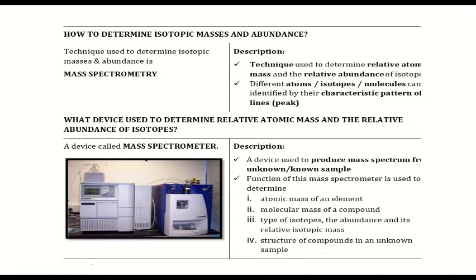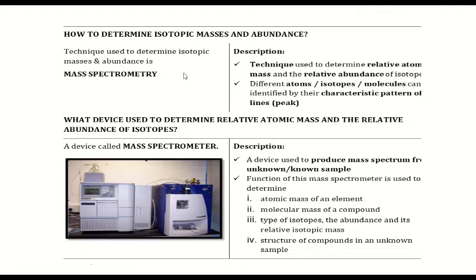Okay, sebelum ini Madam ada beritahu untuk klorin kita ada dua jenis isotop, iaitu isotop 35 klorin dan juga isotop 37 klorin. So macam mana kita tahu klorin ini ada dua jenis isotop? Cara kita nak tahu adalah dengan menggunakan satu teknik yang dinamakan mass spectrometry.